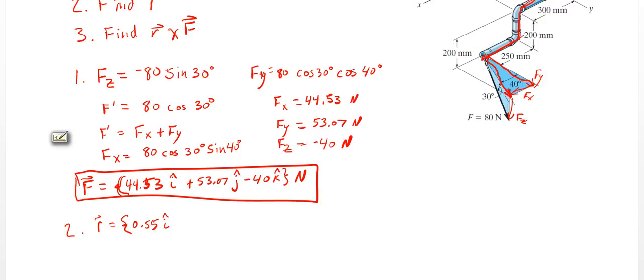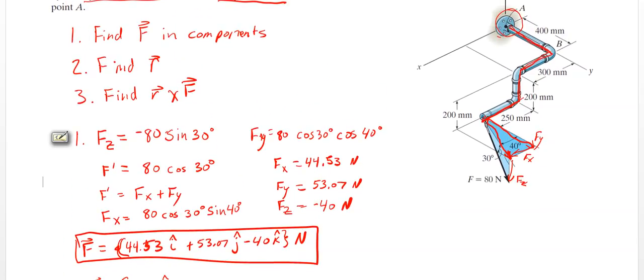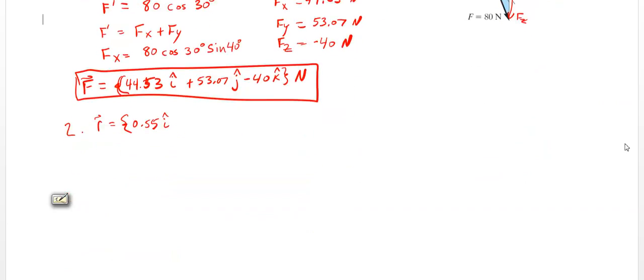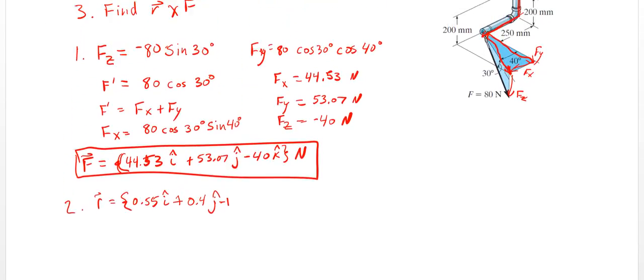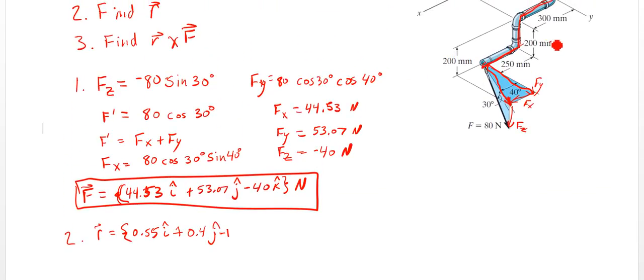In y we went 0.4, again in the positive direction, plus 0.4 j. And then we actually have a negative in the z direction, I think it was 0.2, so minus 0.2 k, and that's meters.